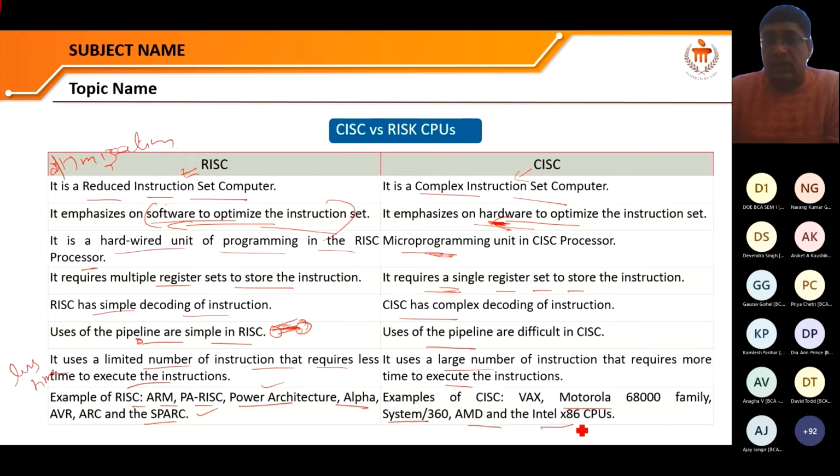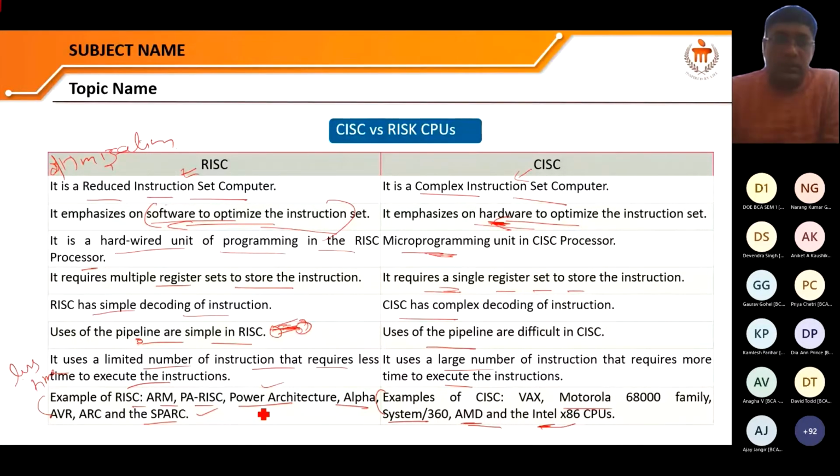So if anyone asks what are the examples of CISC and RISC, you can say the Motorola family, AMD and Intel are using CISC for managing complex instructions, and it is hardware. Here AMD is hardware, Intel CPU is hardware. And Power Architecture we manage by software. So here we are talking about the software things.